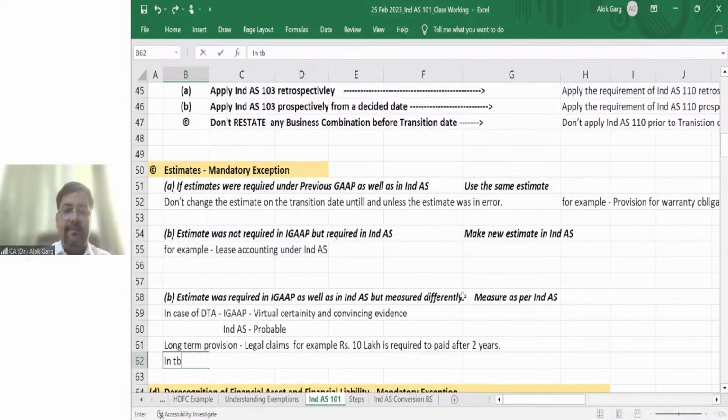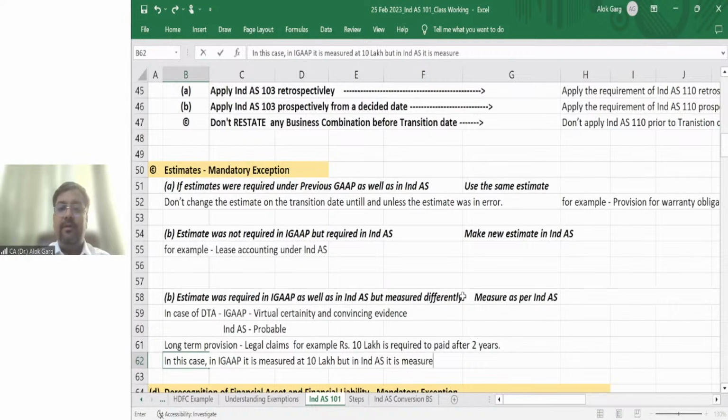In this case, in previous GAAP, it is measured at 10 lakh, but in Ind AS, it is measured using the present value.